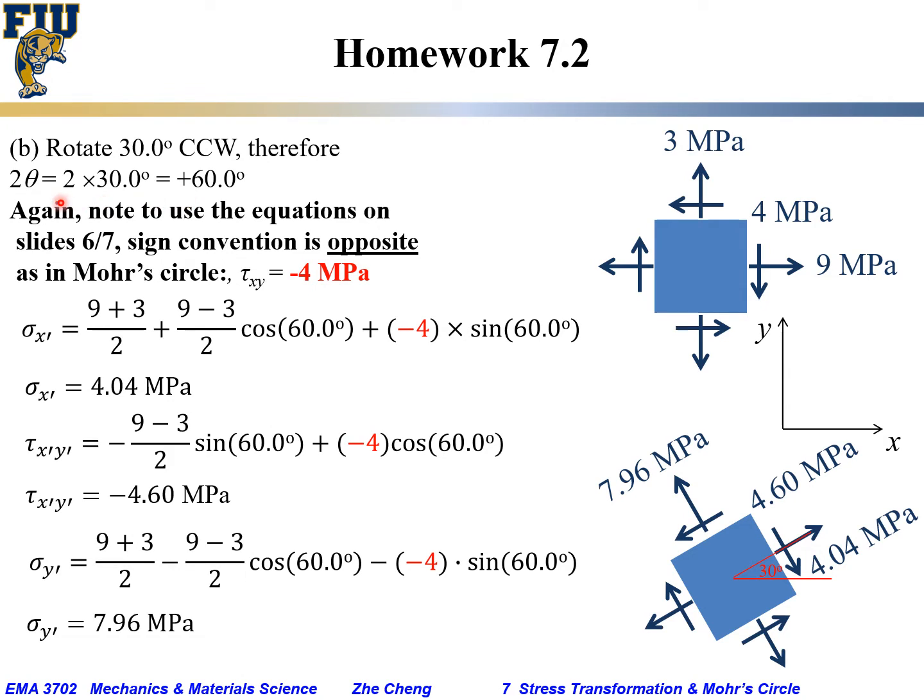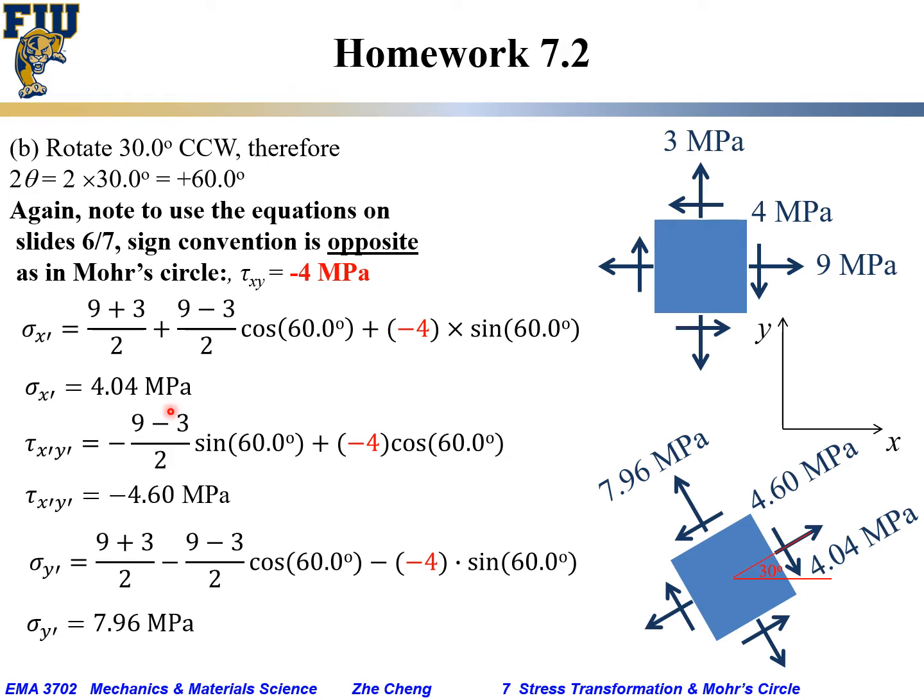The 2 theta would be 2 times 30 degrees, which is 60 degrees, and the shearing stress for the original tau xy would be minus 4, and then sigma x prime would be average plus the difference divided by 2 times the cosine 2 theta plus tau sine 2 theta. If you plug the numbers in, you would get 4.04 megapascal.